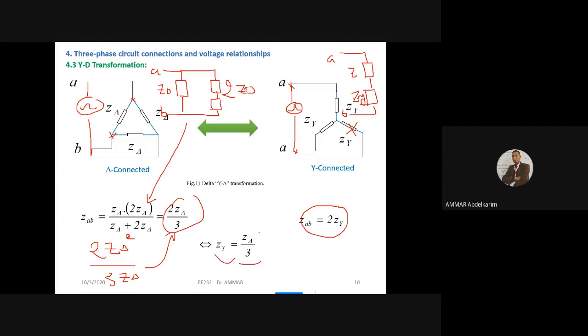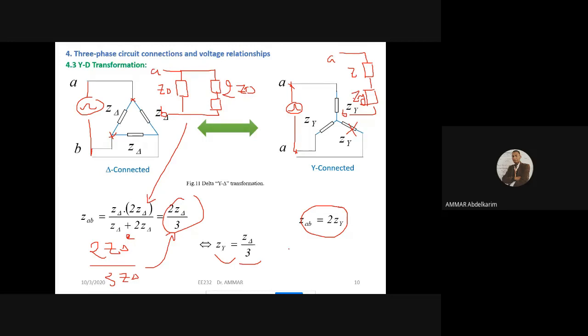So 2Z delta over 3 equals 2ZY, so ZY equals Z delta over 3, which means that Z delta is 3 times ZY. If we have the same system and connect it in delta, this system will support more current, because it can handle more load.